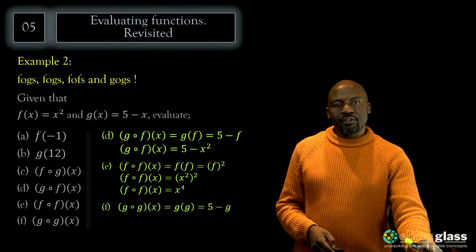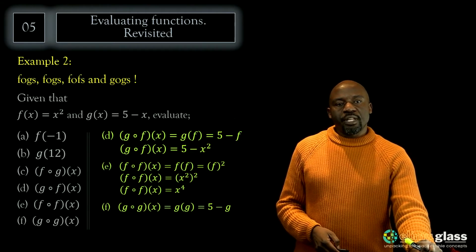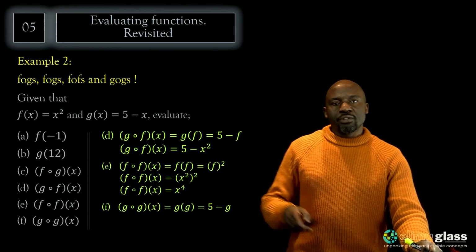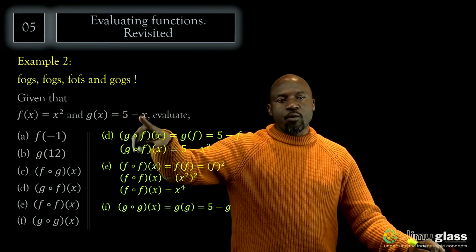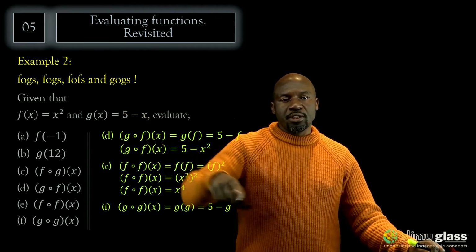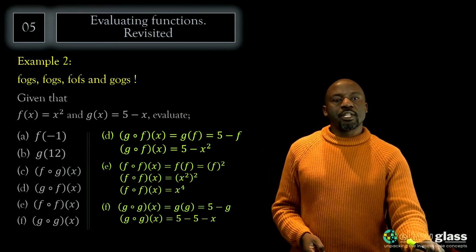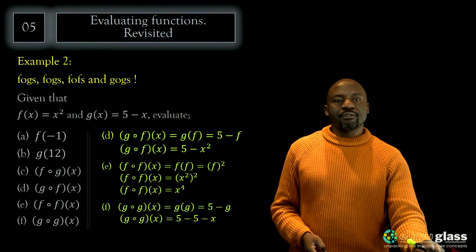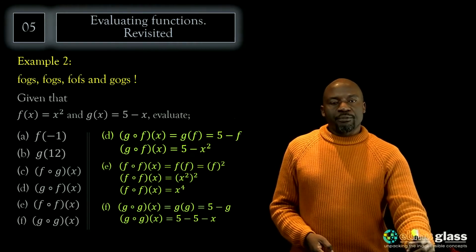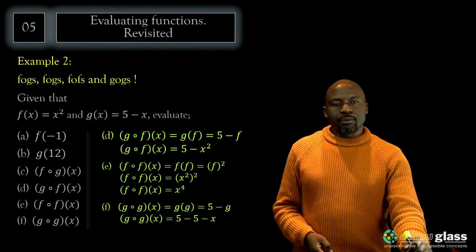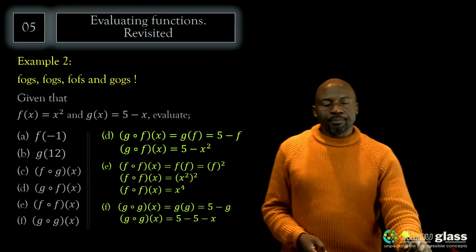Yes. G of g of x. We are taking g and feeding it into itself. So g of x is 5 minus x. Where there is x, remove it and put g, just like that. And g of x is 5 minus x. So if you substitute that in, we have 5 minus 5 minus x. I think that is supposed to be in brackets.